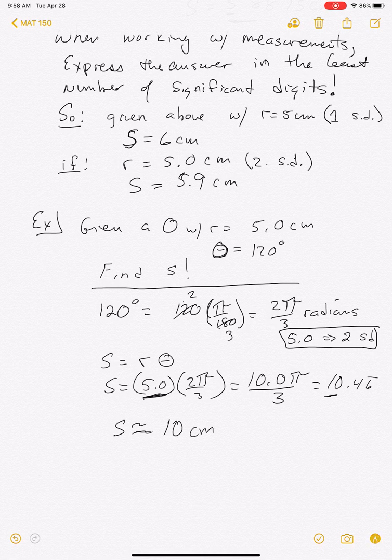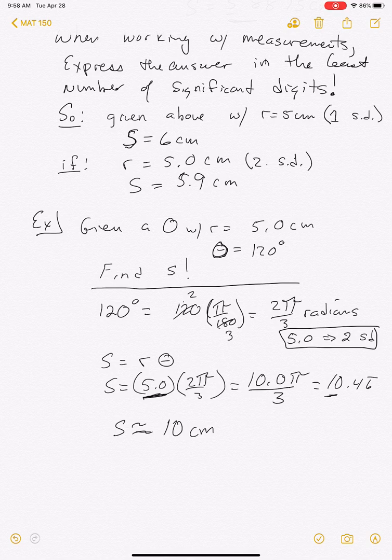So the arc is about 10 centimeters. You know how hard it is to measure a distance around a circle? Well, that's what we're doing. We're calculating what the distance around the circle is.